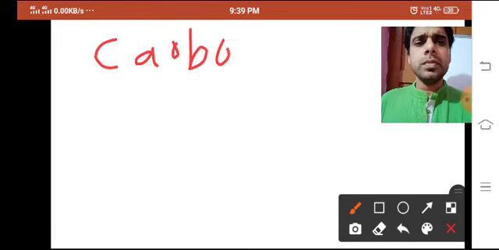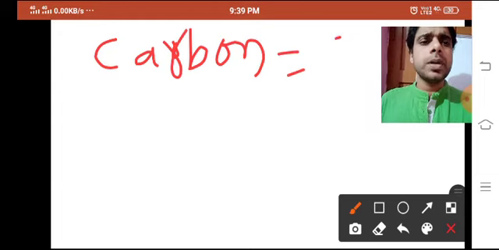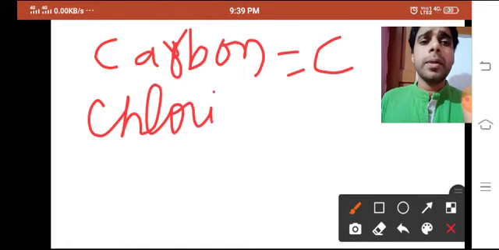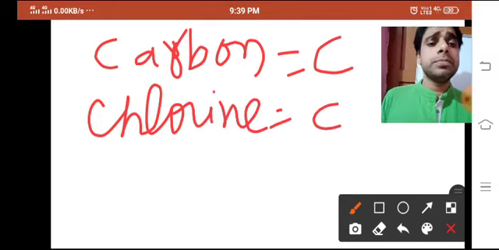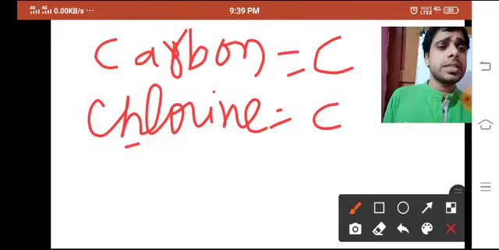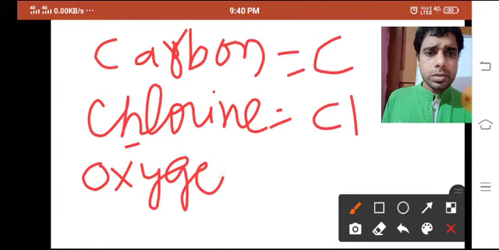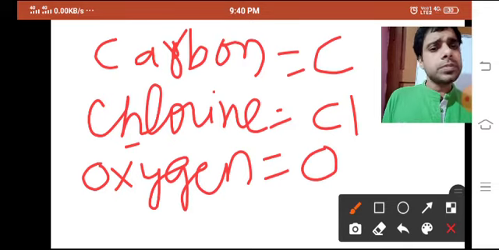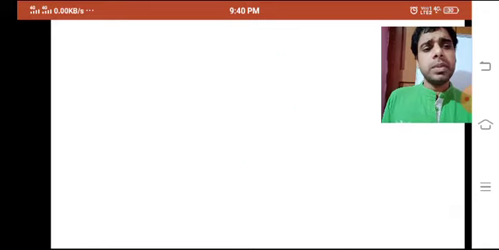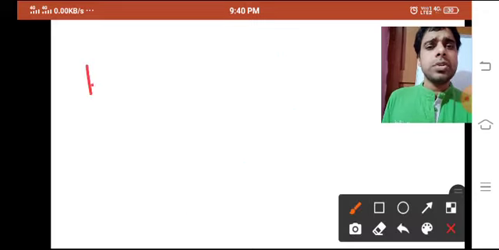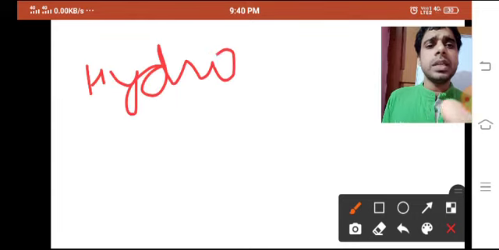Here I will give some examples. Carbon, first letter C. Chlorine, first letter C, and the second letter is not H; here you take Cl. Oxygen, capital O. And you can take hydrogen and helium, which I have given as an example.